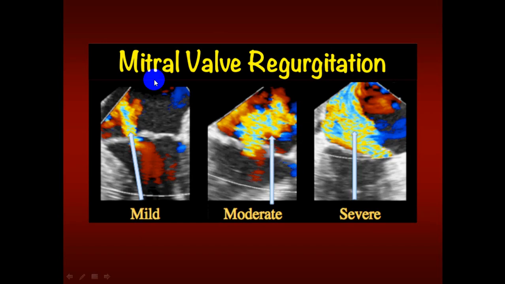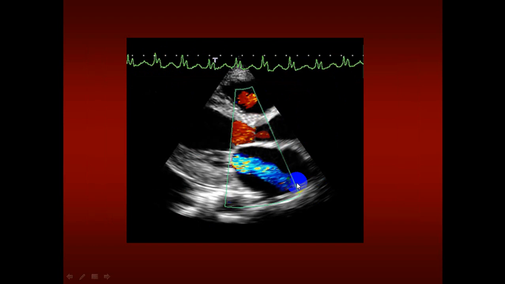And the echocardiography in mitral regurgitation: this is the regurgitant volume in the left atrium. This is a mild regurgitant volume, and this is moderate and severe, filling the left atrium. This is a left parasternal view.